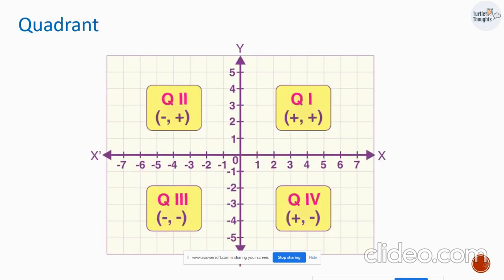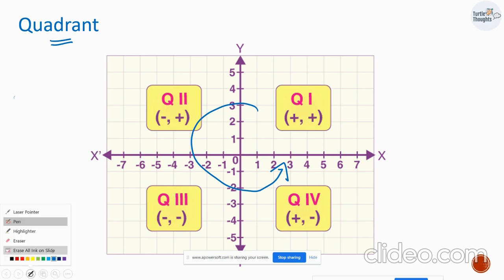Now, let us move on to the next topic, quadrants. Our Cartesian plane can be divided into four parts. Each part is called a quadrant, and the quadrants are named anti-clockwise like this. So this is your first quadrant, second quadrant, third quadrant, and fourth quadrant respectively.